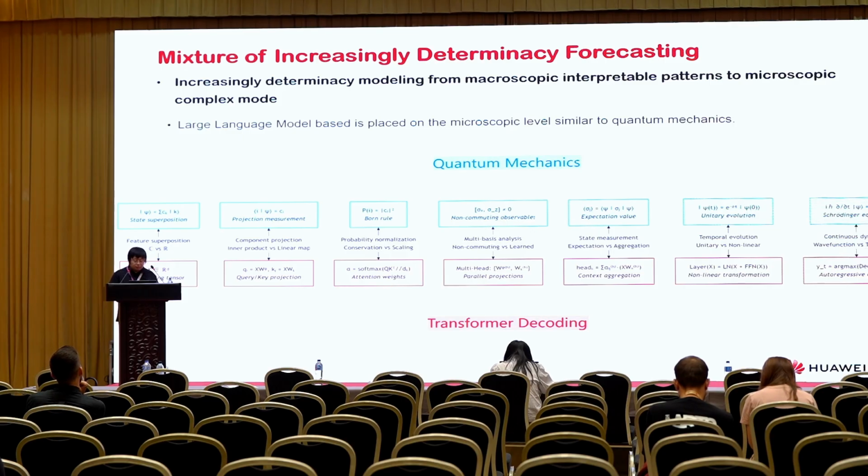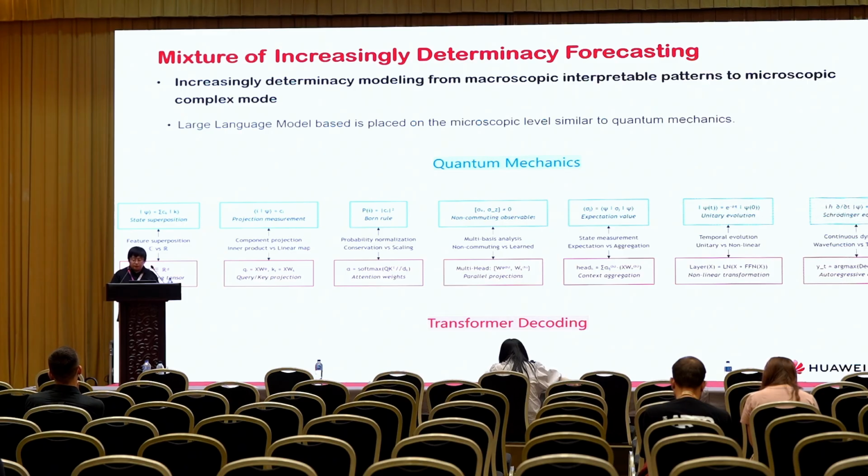The second, measurement-like weighting. The dot product of query and key tensors is normalized by softmax into non-negative sum-to-one weights that highlight the most relevant value tensors. Analogous to quantum measurement probabilities, except for no irreversible collapse or projection onto a single basis state. Third, multi-basis projections.